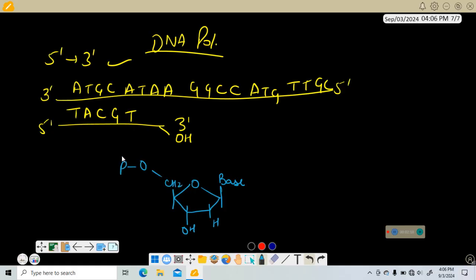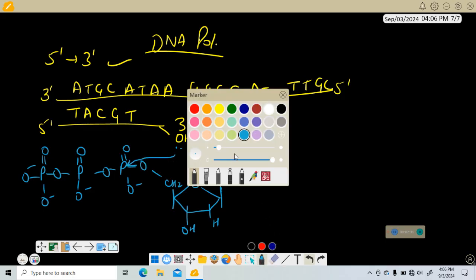O, then P, O, then P double bond O, O negative, and here it will be like this. So basically here we have a lone pair, and this will attack the 5' phosphate.